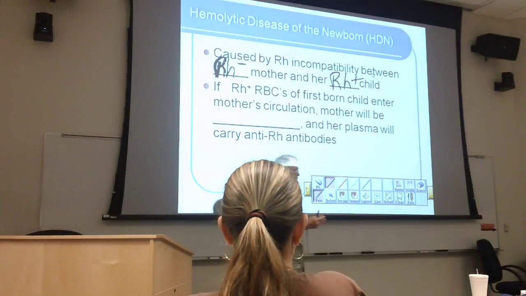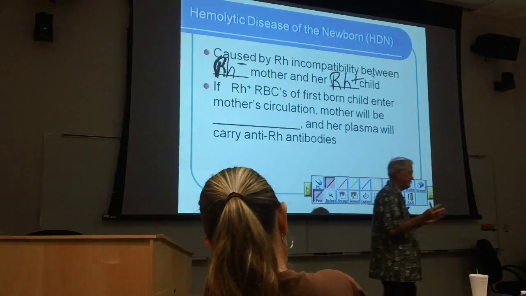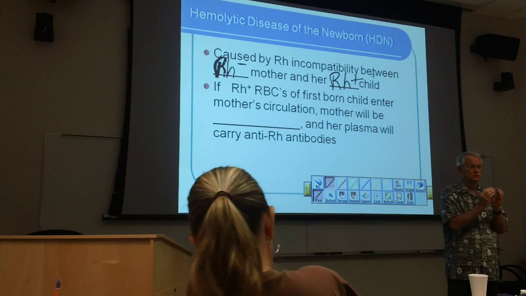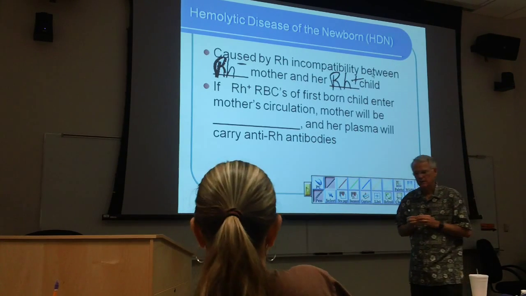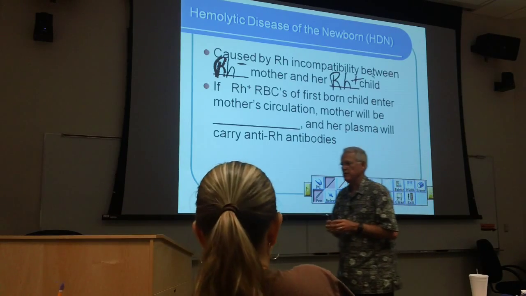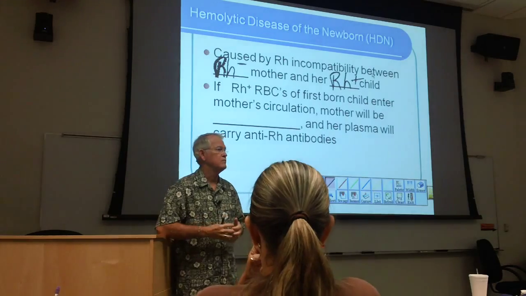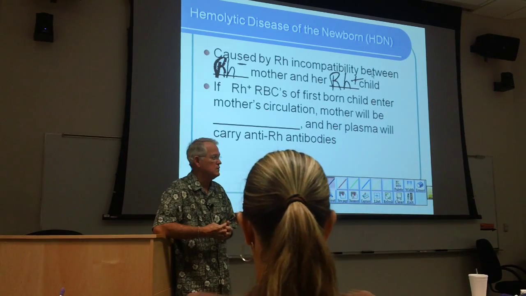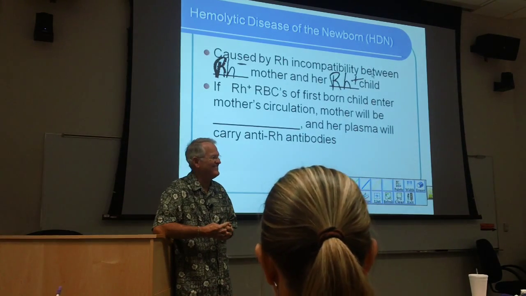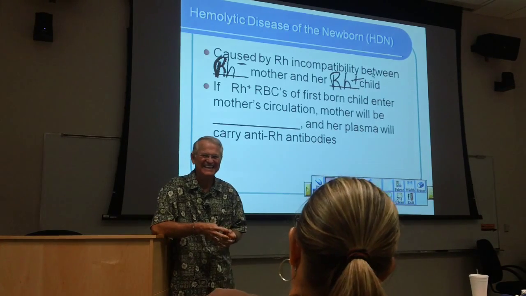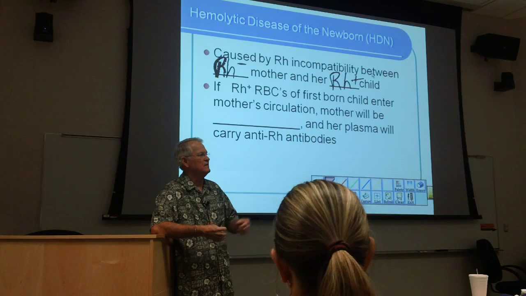Now let's suppose a mother is negative. To be negative, she had to receive a negative gene from both her parents, and then she is RH negative. She has a child, she marries a positive man. This would only happen if she married a positive man, of course. Hopefully a good man, but anyway. Marries a positive man.